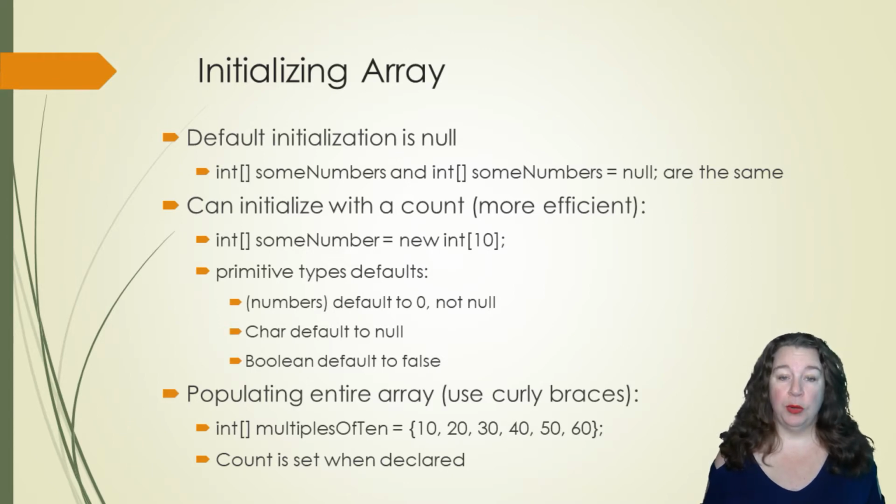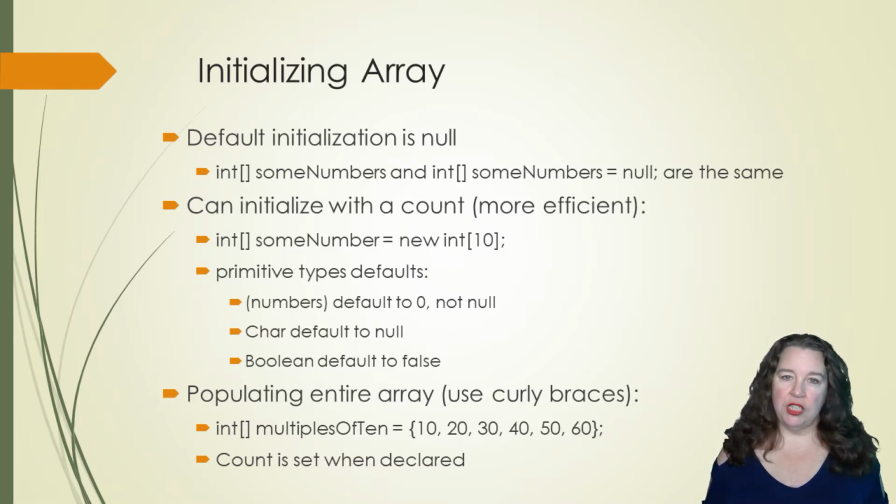In this case, a primitive type default. The character would be null. So there would be no value in there. There would be no memory location. It would just be a space. And then Booleans are defaulted to false. That all being said, you can put objects or reference types in an array as well. But if they are primitive types, these are the default values that you would be using.